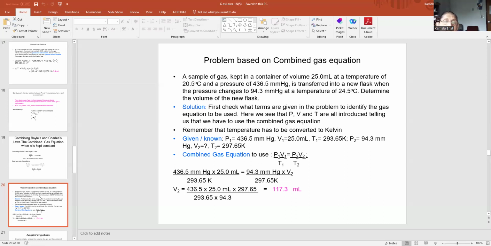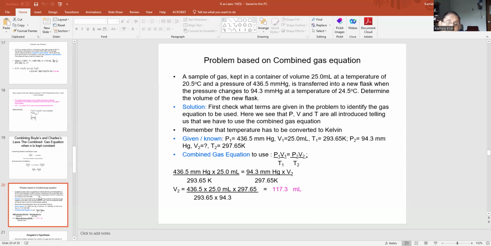Do the same thing: convert the temperature from degrees Celsius to Kelvin, and then substitute in the equation as shown, pressure times volume. So 436.5 times 25 divided by 293.65 must be equal to 94.3 times V2 divided by 297.65.